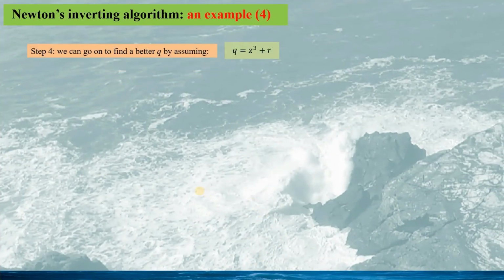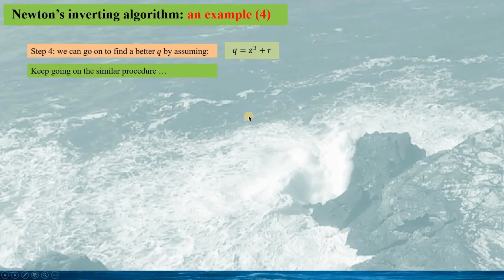So in step 4, we can go on to find the beta q by assuming q equals z cubic plus r, and we should be able to use a similar procedure to get r.